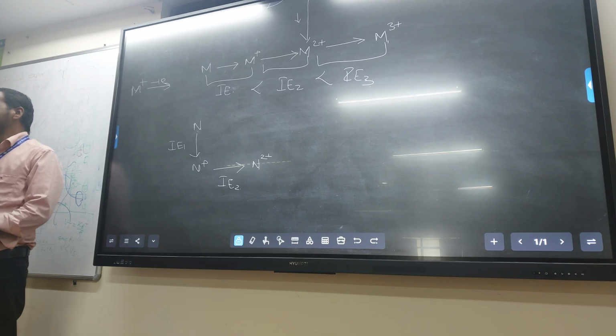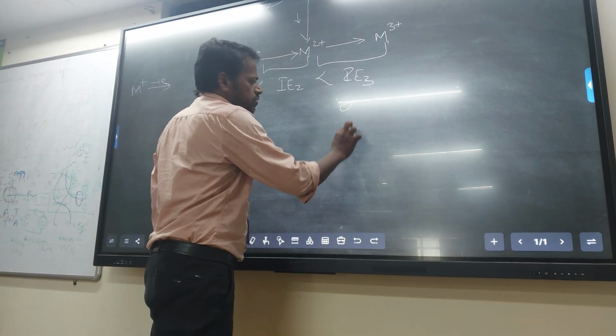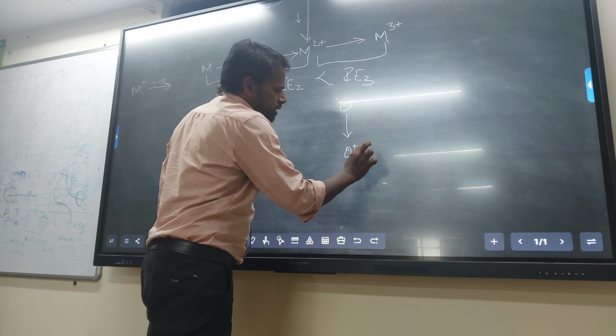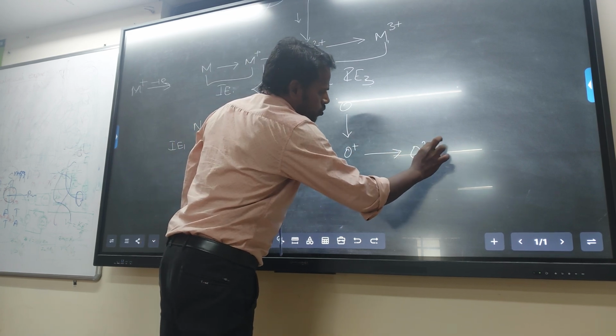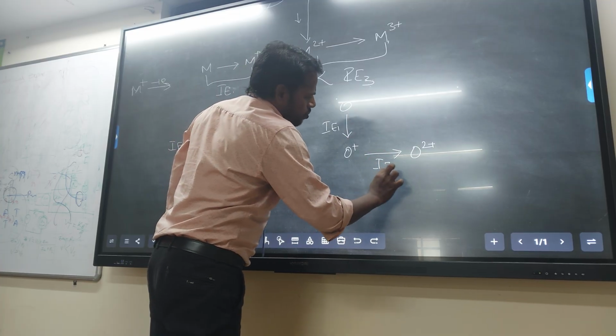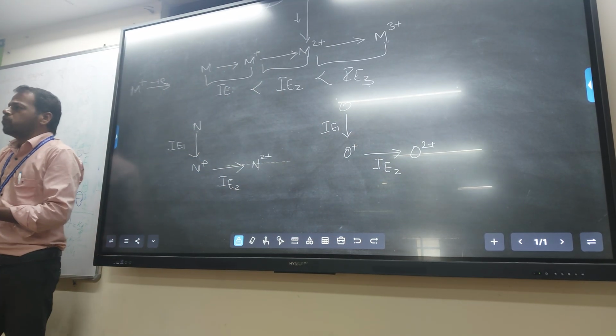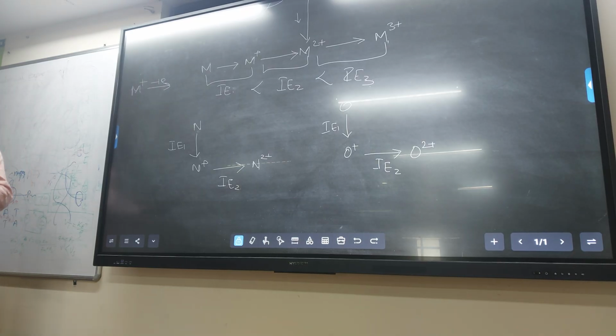IE2. How do you confirm IE2 and IE1? Similarly, oxygen, you take oxygen plus, here oxygen 2 plus, this is IE1 and here IE2. So here which one is more, IE1 or IE2? If you compare these two, nitrogen and oxygen, you get some information.